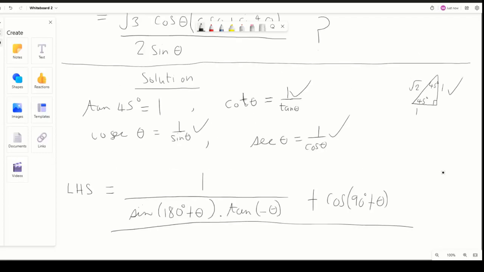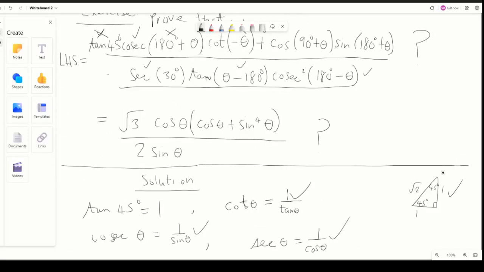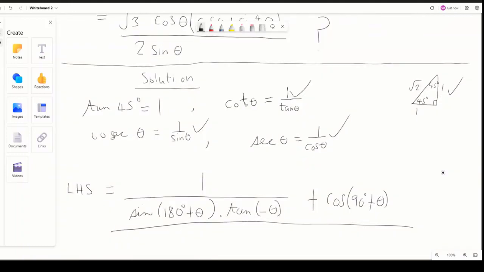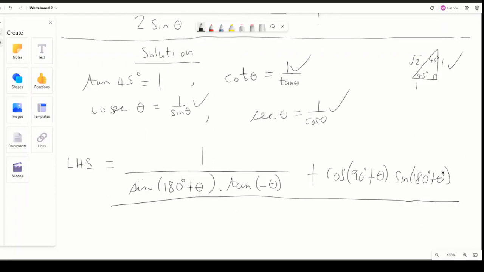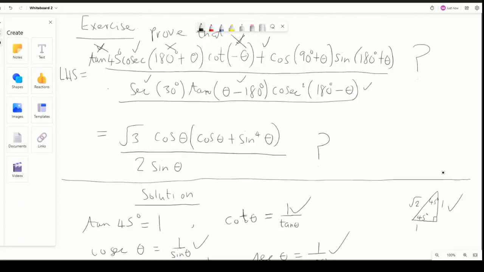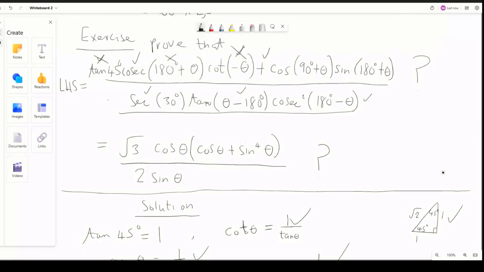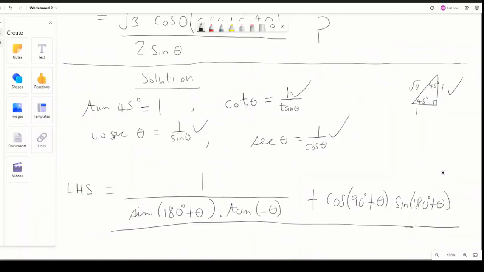And then next to that one, sine 180 plus theta times sine 180 plus theta. Okay, great. Are you happy with what I wrote down there, guys, and the way I wrote it? Is that fine? There's tan 45, there's the 1.